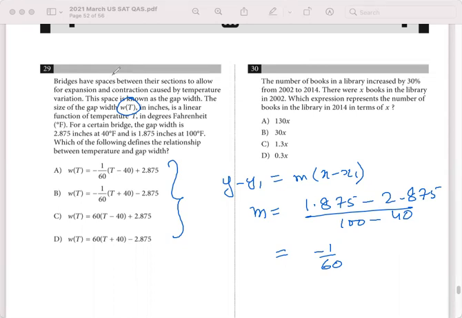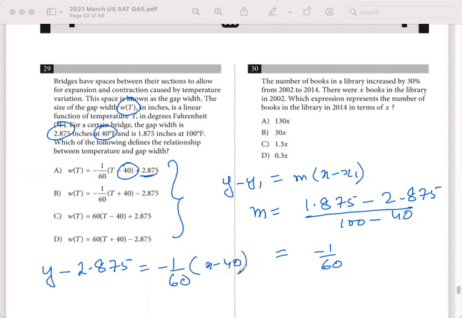So if m is minus 1 by 60, I can write y minus, let me work with 2.875 and 40 because I see those numbers in my options. So y minus 2.875 is minus 1 by 60 times x minus 40, right?